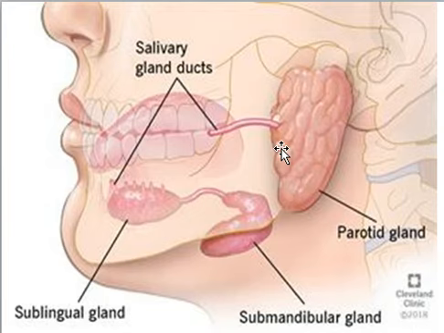First, we start with the parotid glands, which are major salivary glands, and the parotid is the largest one.